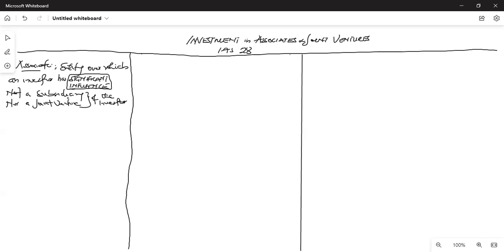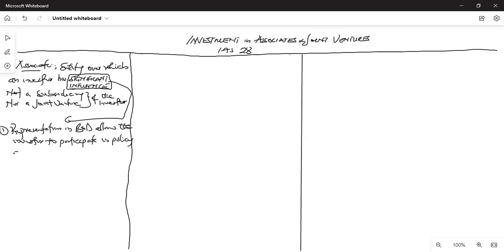If you have significant influence, then number one, your representation in the board of directors allows the investor to participate in policy decisions, so that you are capable of affecting policy.